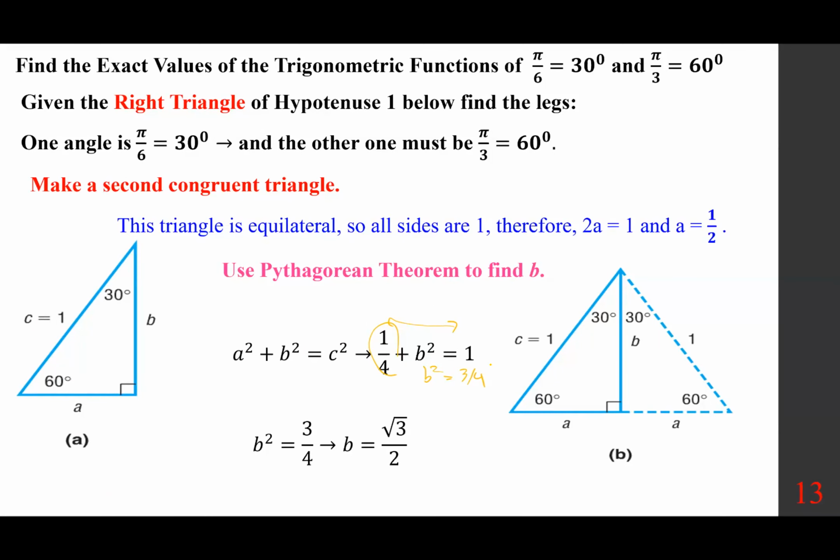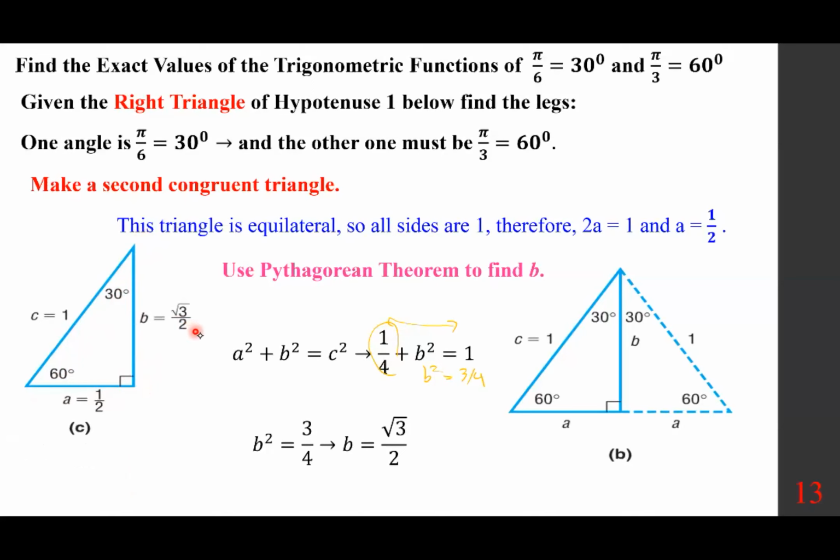So what we did now, we have all those values. Okay, everybody? Meaning, if this side is 1, 30 degrees across from it is 1/2. 60 degrees across from it is the square root of 3 over 2.